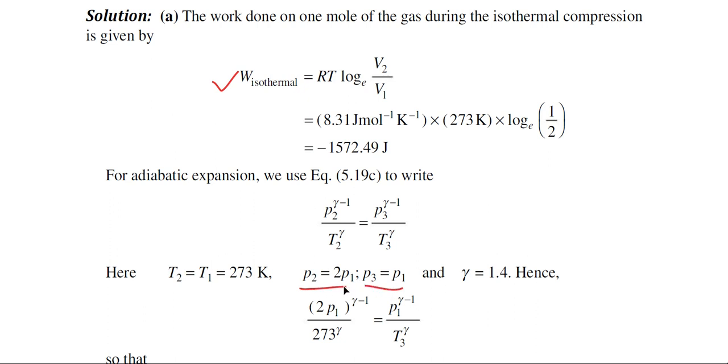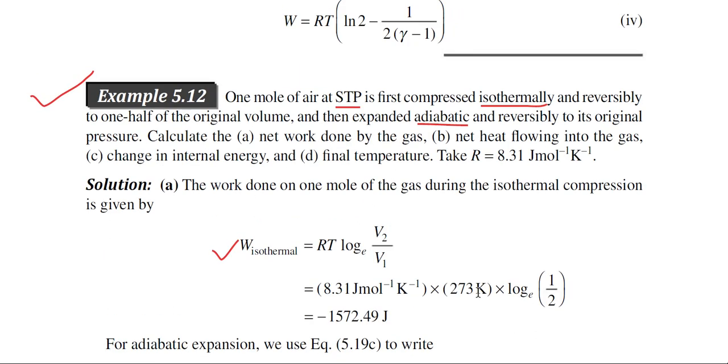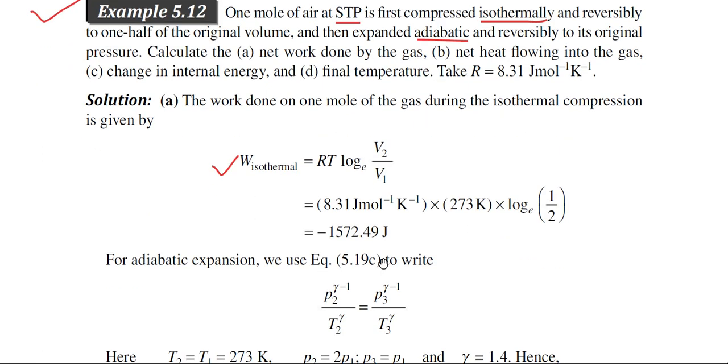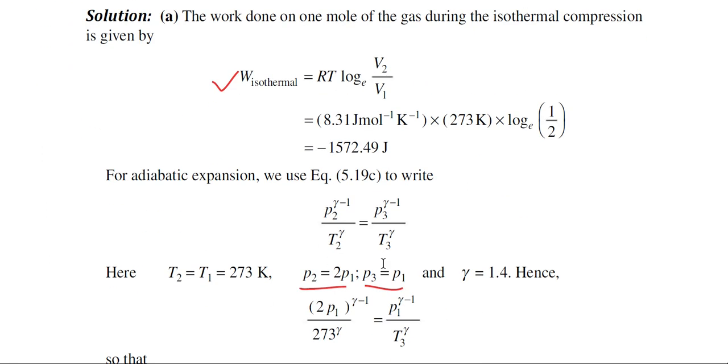P2 will be 2 P1, P3 will be P1, and gamma is equal to 1.4. We are assuming gamma equal to 1.4 because we have to use the expression of gamma, and it is actually air. For air, we approximately take the value of gamma as 1.4.